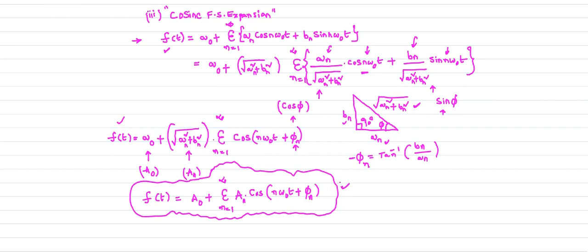Therefore this is the cosine Fourier series expansion, which is the modification of the trigonometric Fourier series expansion, and it is also called polar Fourier series expansion, or harmonic Fourier series expansion. This is not that much important because it is only a modification of the trigonometric Fourier series expansion.